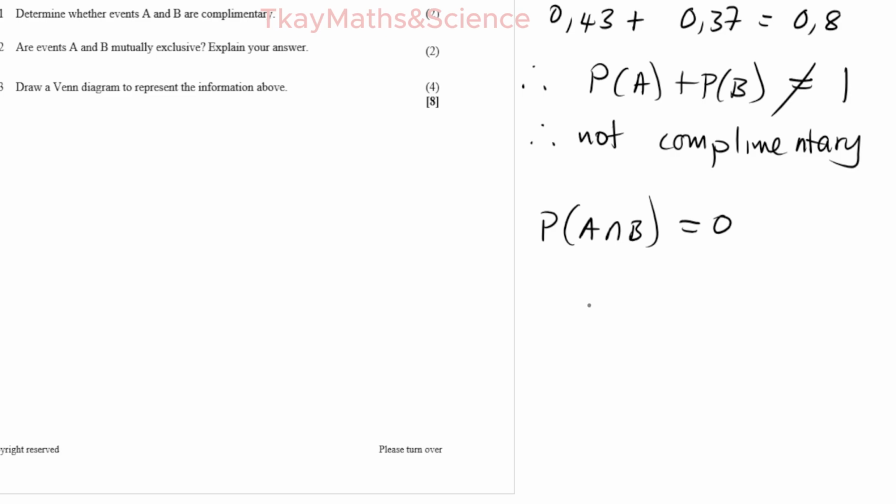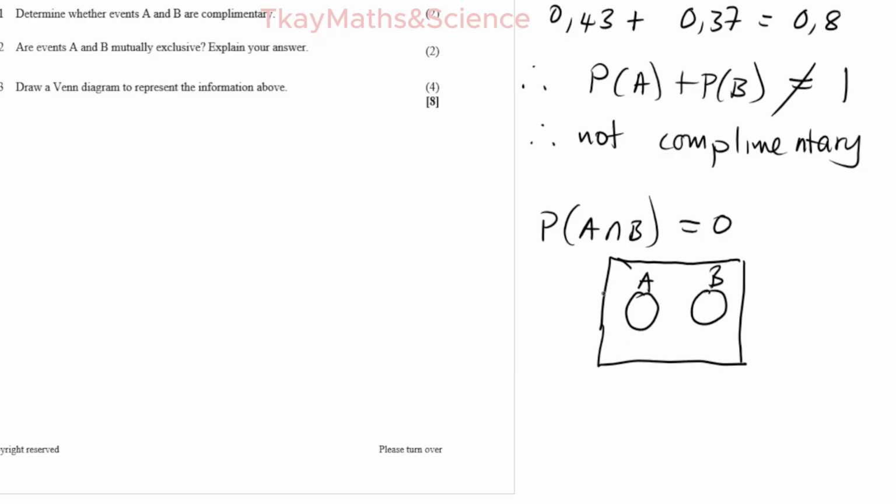If we draw a Venn diagram, this is just a sketch of A and B. These are mutually exclusive events. If they're like this, they are not having any intersection at all. So the probability of A intersecting B should be equal to 0.